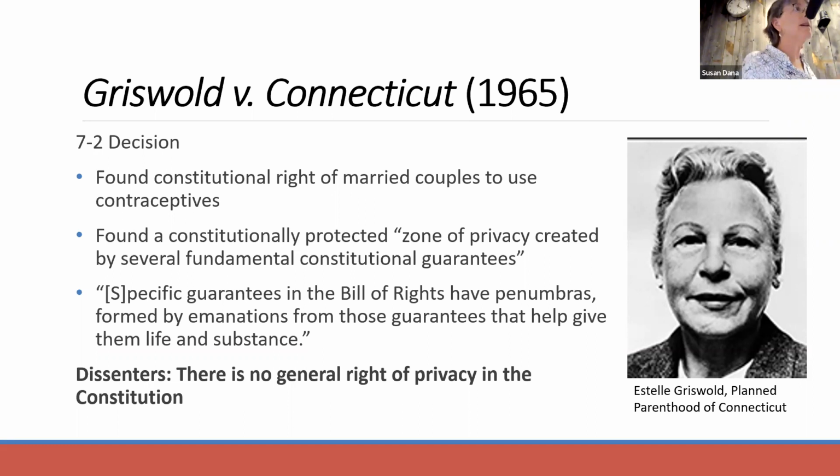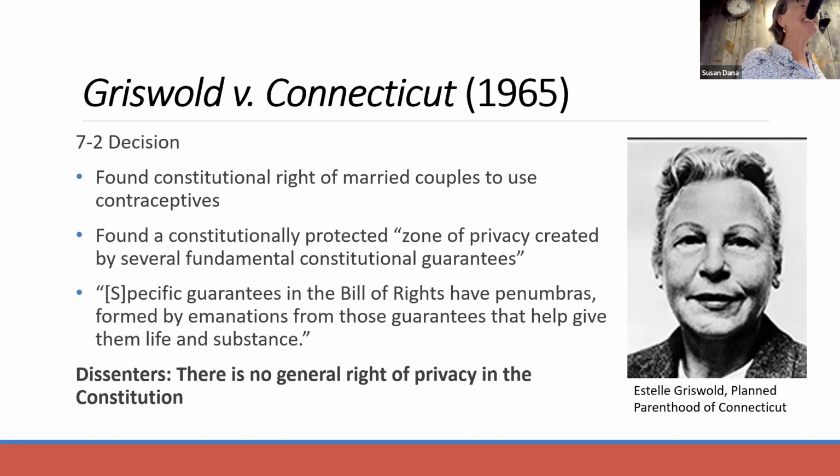So the court pointed to the Bill of Rights and said, and this third bullet has been quoted over and over with a great deal of derision, I have to say, by many people. Specific guarantees in the Bill of Rights, the amendments that I just mentioned, first, third, fourth, fifth, have penumbras formed by emanations from those guarantees that help give them life and substance.